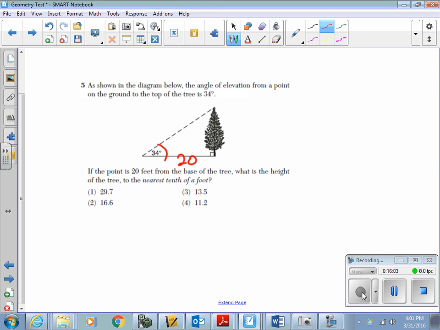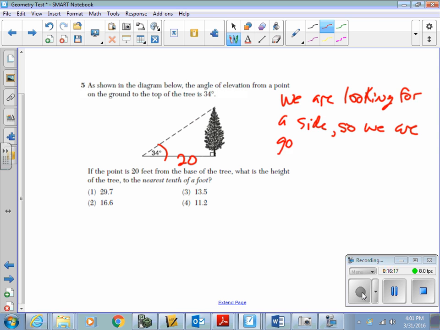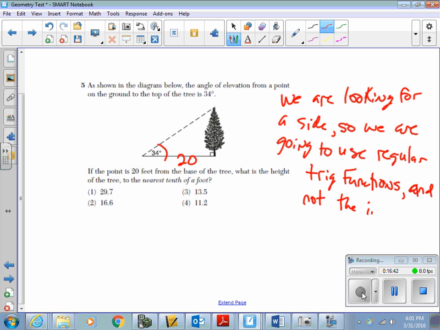So I'm going to write this down. We are looking for a side, so we are going to use regular trig functions and not the inverse.